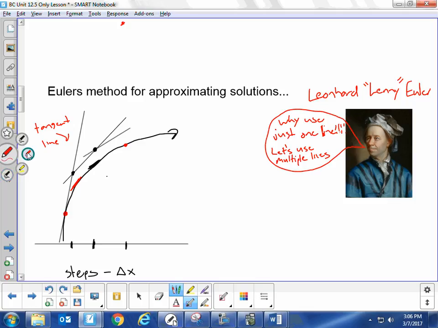And I will use that final tangent line to approximate my function value. Okay? Use multiple tangent lines to increase the accuracy of your approximation.